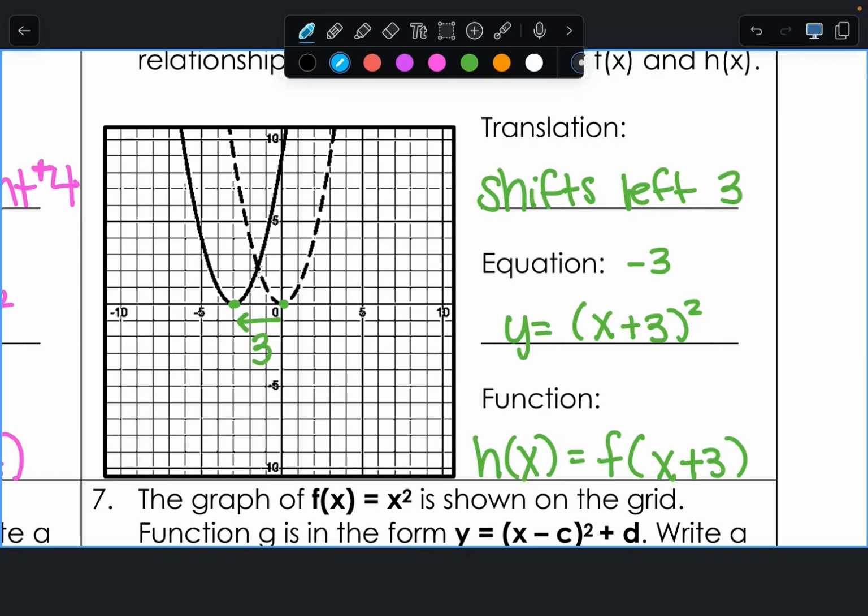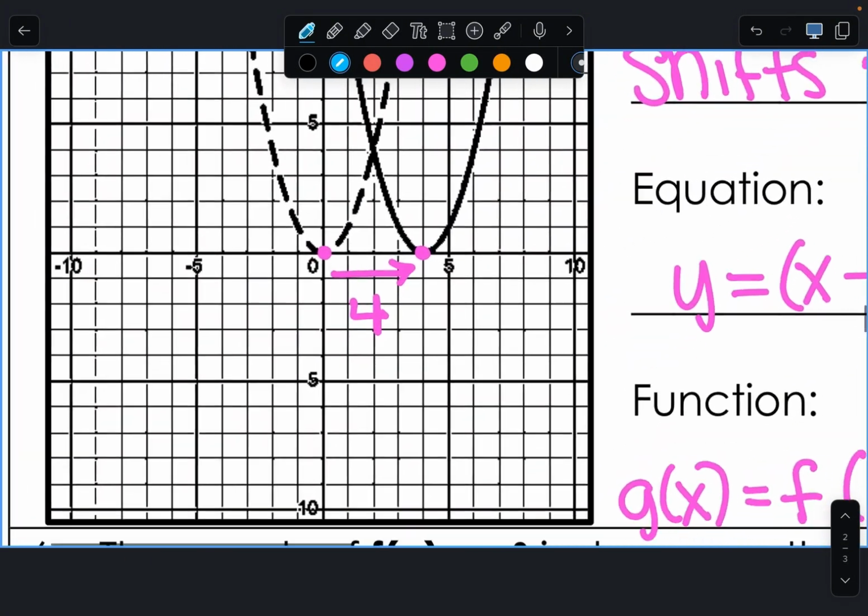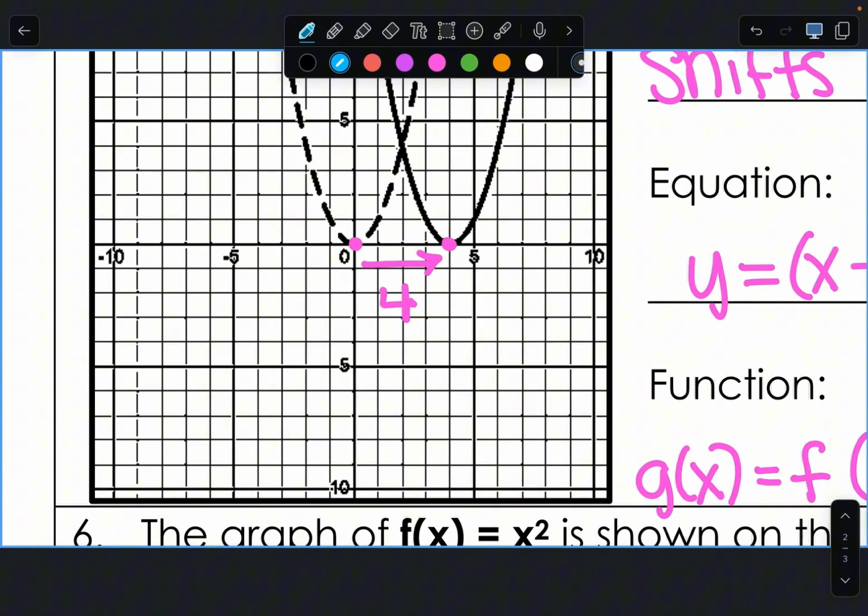Now we compare the axis of symmetry. What's the vertex of the parent function? 0, 0. So the axis of symmetry is x equals 0. Make sure you write it as x equals, right? What is the new axis of symmetry? So the axis of symmetry is x is equal to the x value, which is 4.